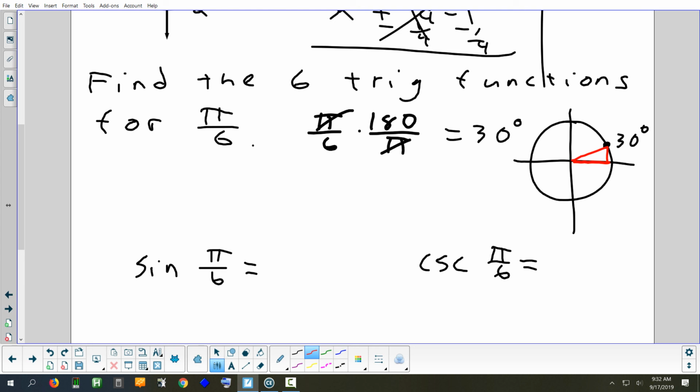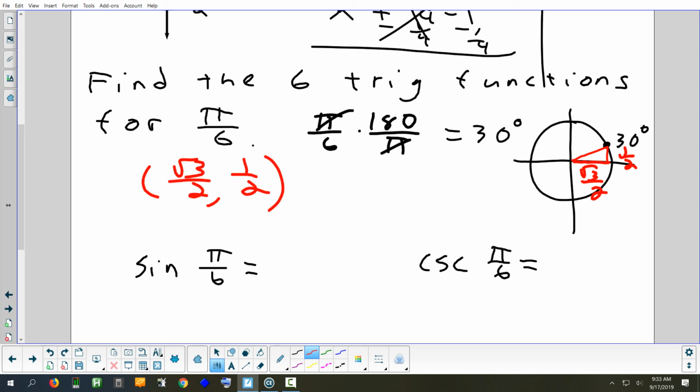And what number, root 3 over 2 or 1/2, is the bigger number? Root 3 over 2. So root 3 over 2 is the bottom. That's my x. And 1/2 is the smaller number, so that goes with the smaller side. Now I write my coordinate: root 3 over 2, comma, 1/2.